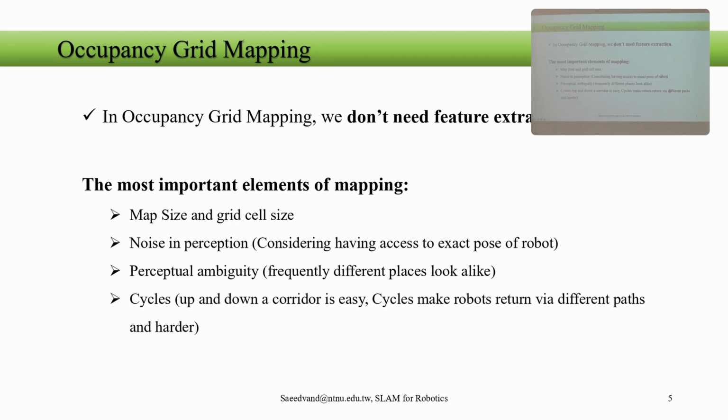On the other hand, cycles are also very difficult to deal with, known formally as the loop closing problem. If your robot starts from here, moves, and then comes back, this is easier than if you make a loop.